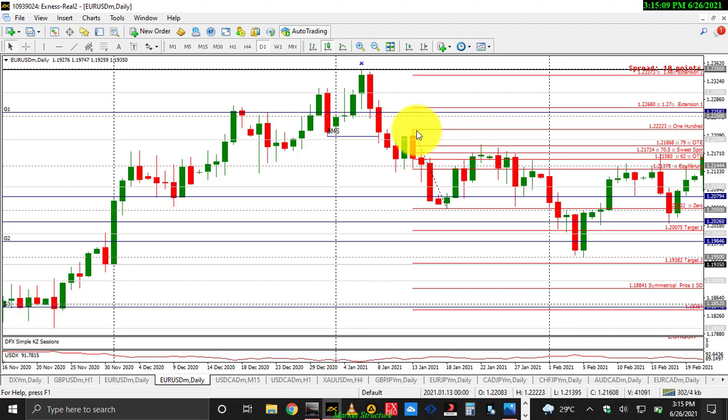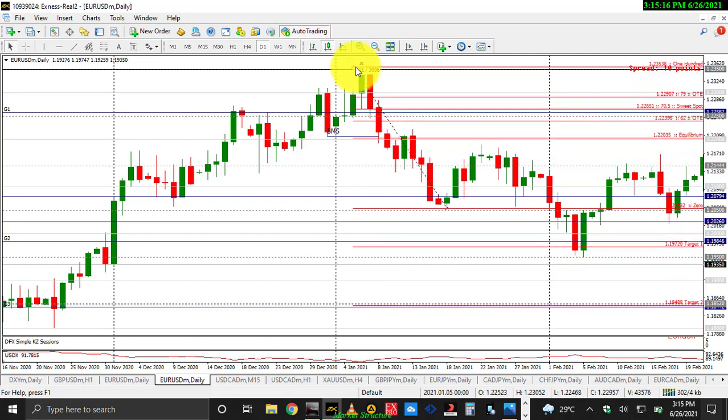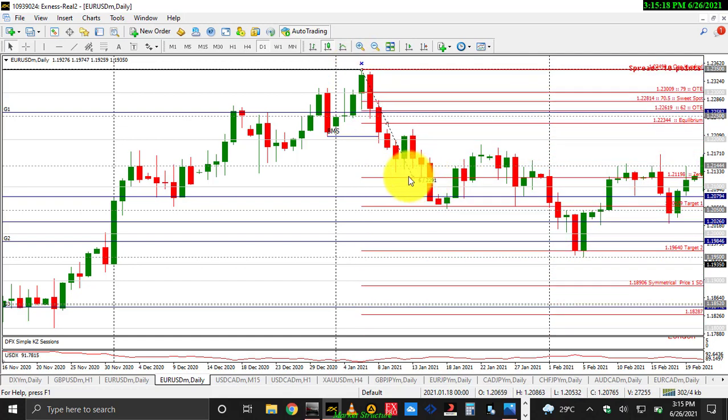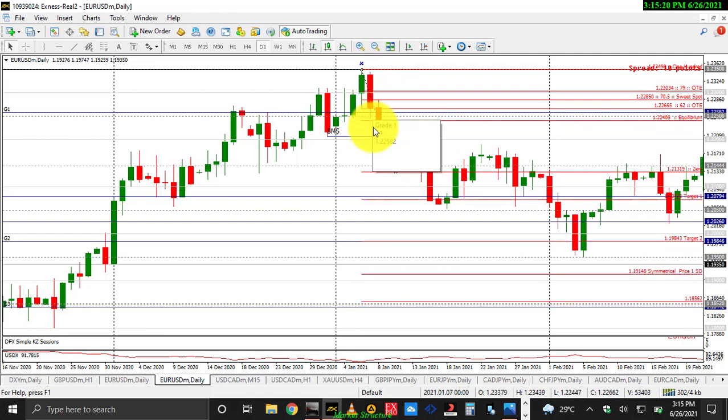I repeat, in this instance over here where we have the breaking market structure, price had a pullback over there, but we didn't get to half of the range. That price swing's range that was formed, we didn't get to half of it.